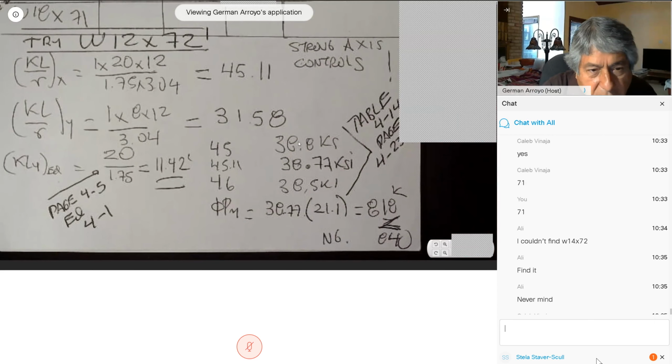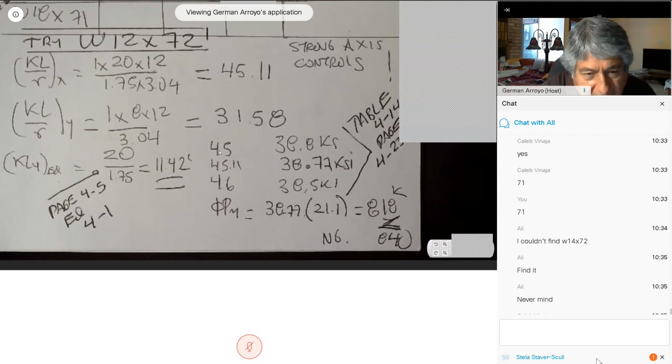For Fy 50, the table that we have been using, with 45 gave me a critical stress of 38.8. With 46, gave me 38.5. And for 45.11, it gives me 38.77. 38.77 times the area, 818, is smaller than 840, no good.